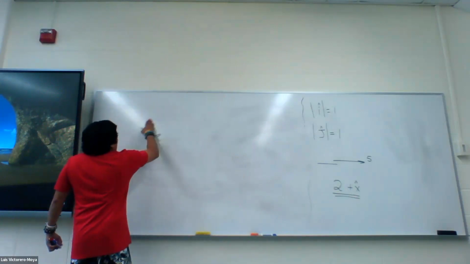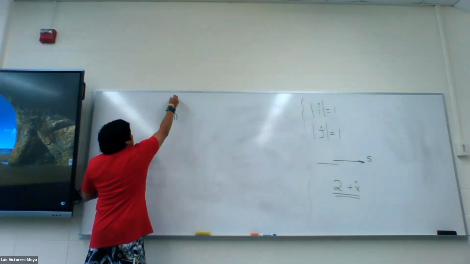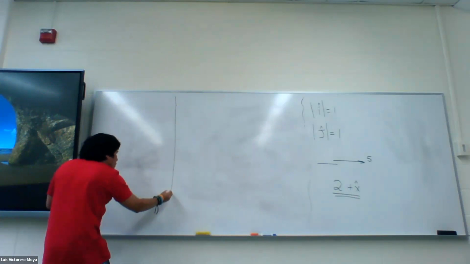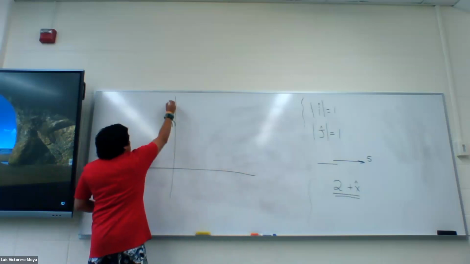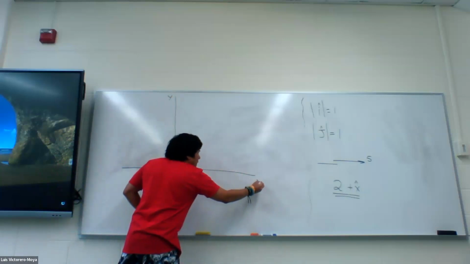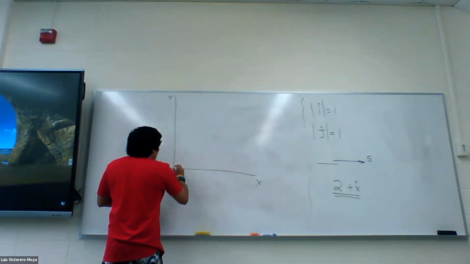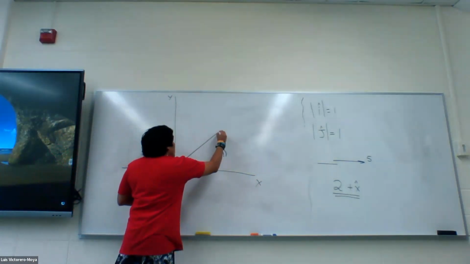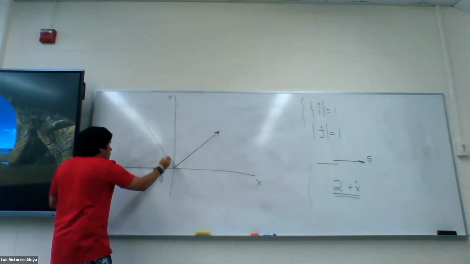For now, let's show you what happens when I give you 2 vectors on the x and y plane like this, where one vector is maybe like this, and the other one is like this.